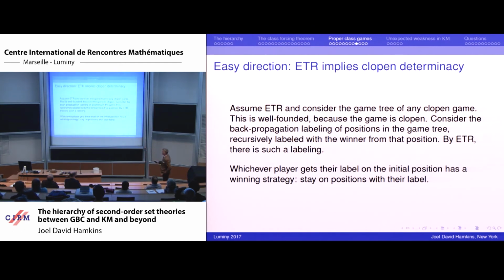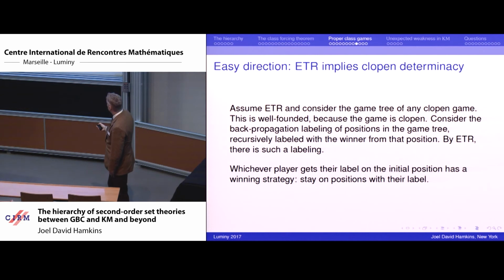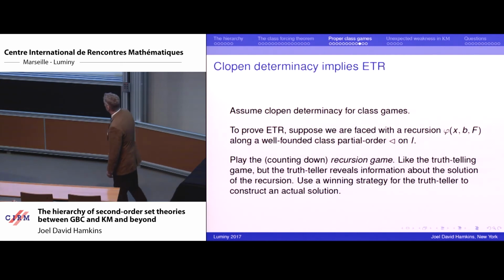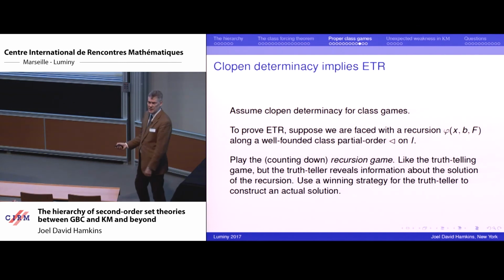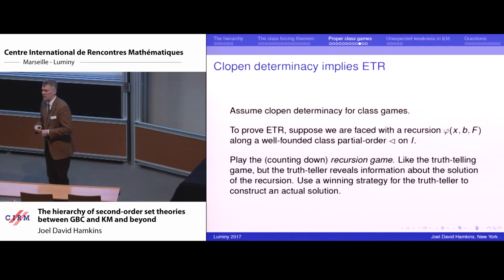Namely, if you have ETR, then you can prove the determinacy of clopen games just by the back propagation method. That's the usual proof of clopen determinacy, and you can undertake that proof in ETR. And conversely, if you have clopen determinacy, then instead of playing the truth-telling game, you play what I call the counting down recursion game, where the truth teller is now also giving pronouncements about the nature of the solution of the recursion.